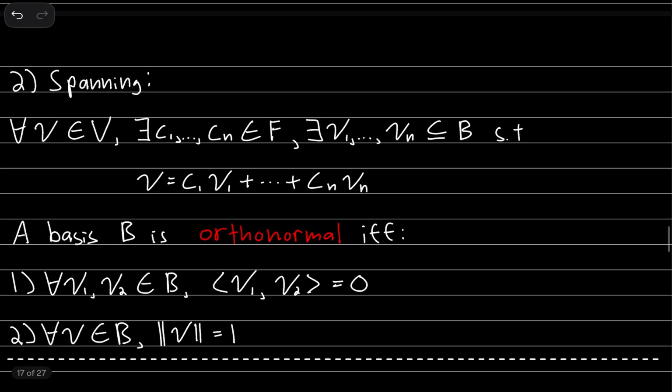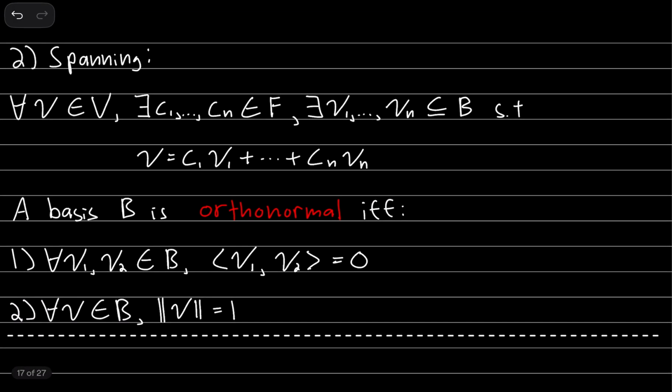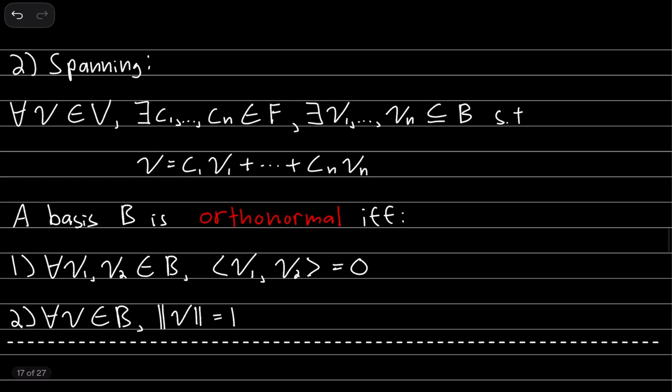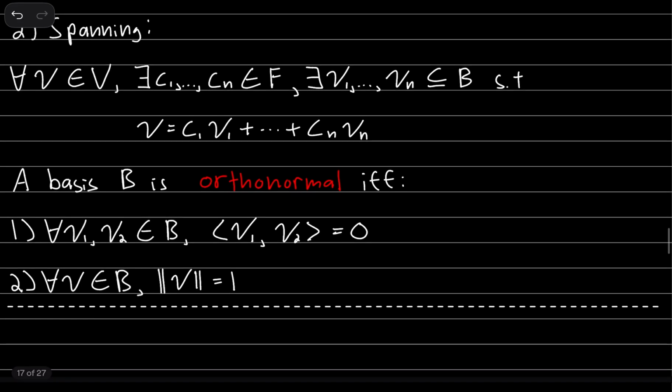And basis B is orthonormal if and only if for any two vectors in this basis, their inner product, or dot product if we're talking about 3 dimensions, is 0. And for any vector in this basis, the vector's norm is 1.